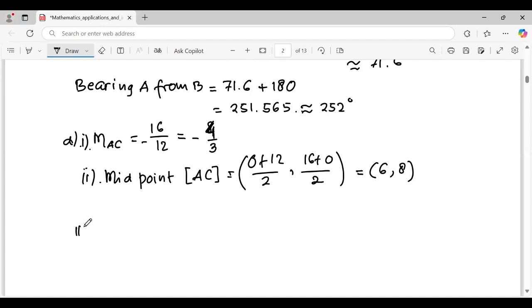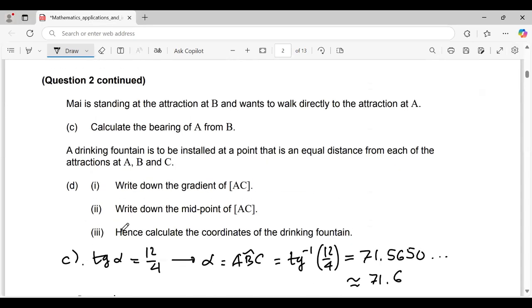Next, part 3. Hence, calculate the coordinates of the drinking fountain.